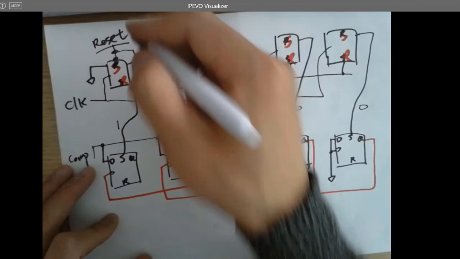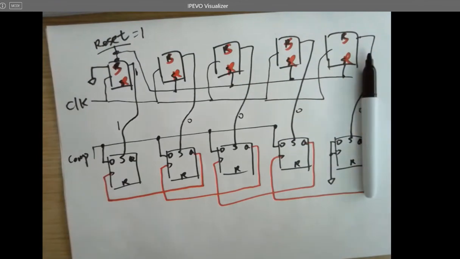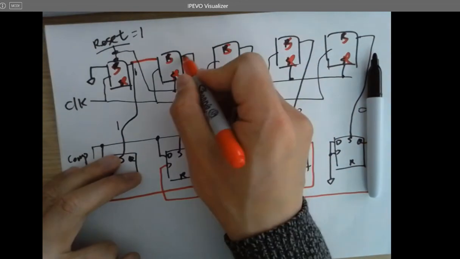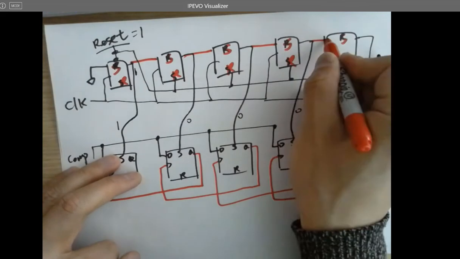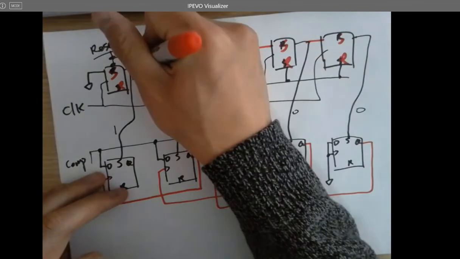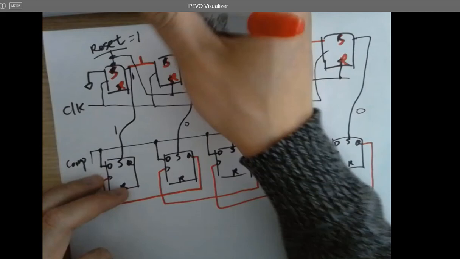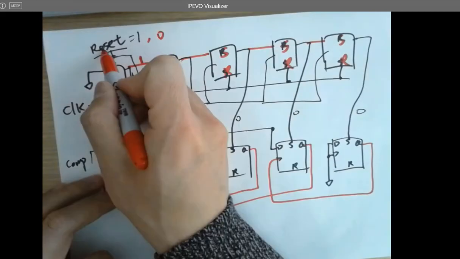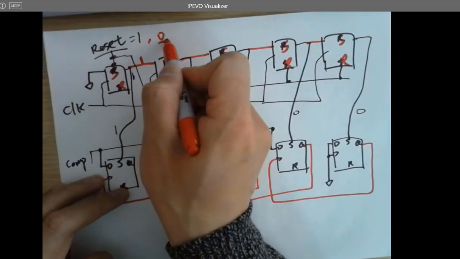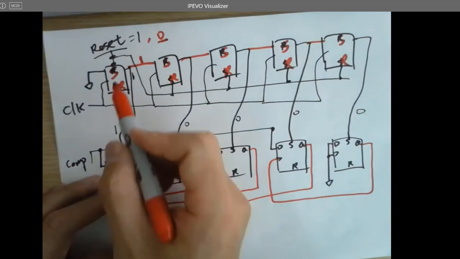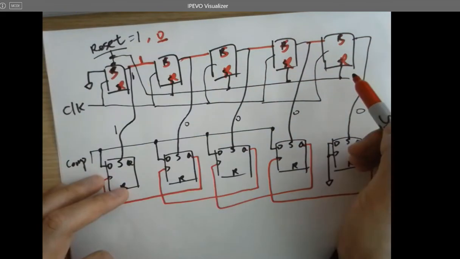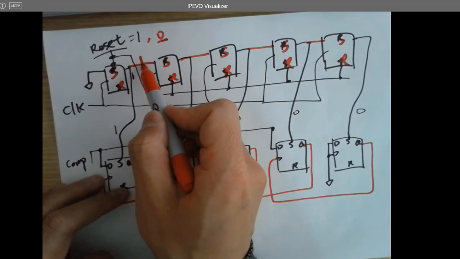And next, because you have a 1 here, I'm going to short all the Qs to the Ds. So 1 used to be here. And the next cycle, I'm going to give reset a 0 signal. And we'll release all the D flip-flops. It's not going to force this to be set anymore.